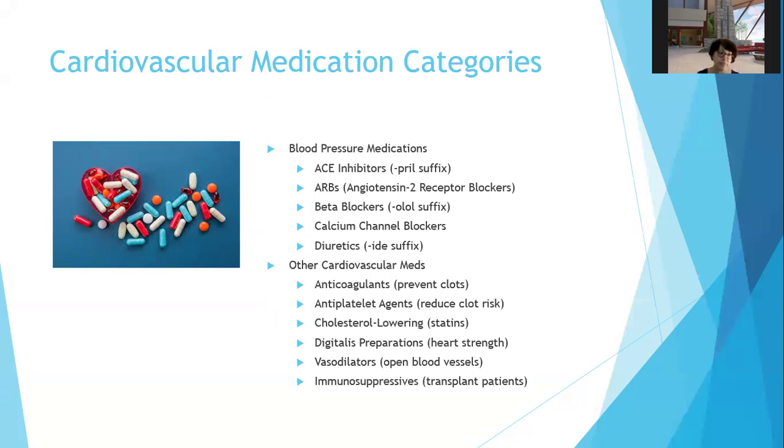So, cardiovascular medication categories. There are a lot of blood pressure medications: the ACE inhibitors that have a pril suffix, ARBs, angiotensin 2 receptor blockers, beta blockers that have an olol suffix, calcium blockers, and diuretics, which tend to have an "ide" suffix, and we'll look at some different ones so you can get the idea.